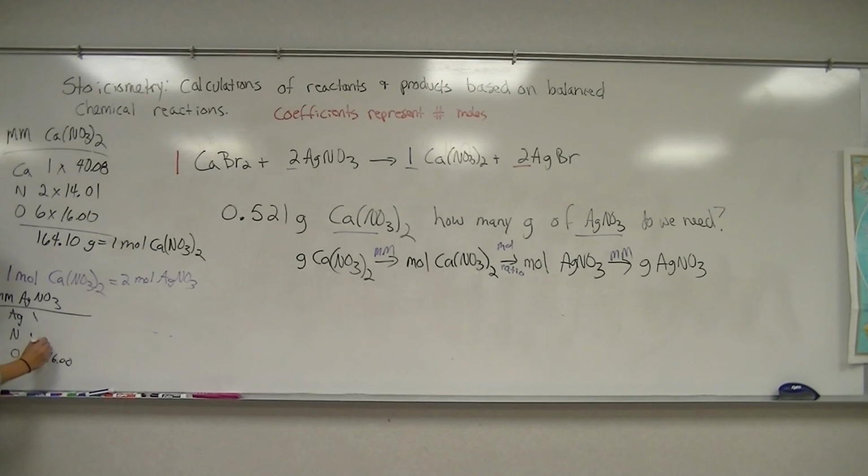And we already looked these up. I'll write those down. What is the molar mass of silver? 107.9? So multiply across and then add all together.